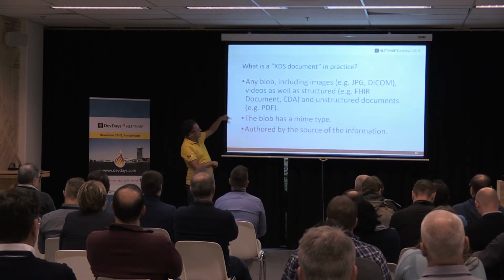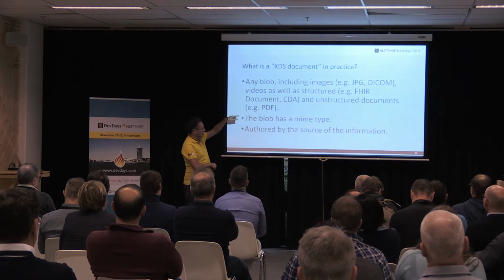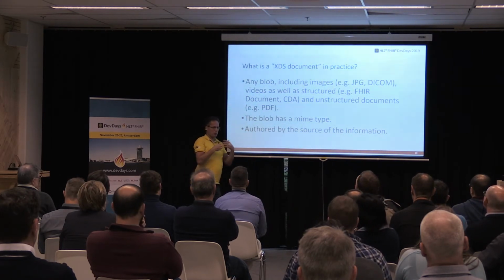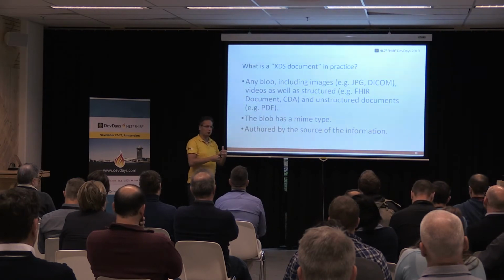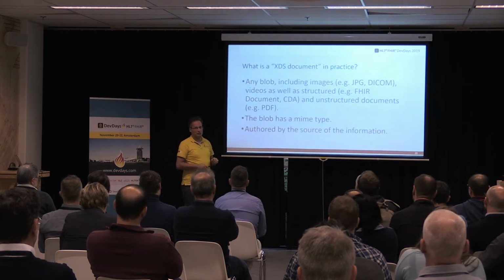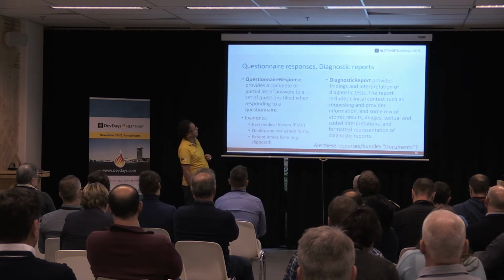But one of the other characteristics, not just a blob with a MIME type, is that it's authored by the source of the information. There is some source that uploaded the document that has ownership, authorship over the content of the document. I pointed this out before, but we'll get to that, why it's relevant.